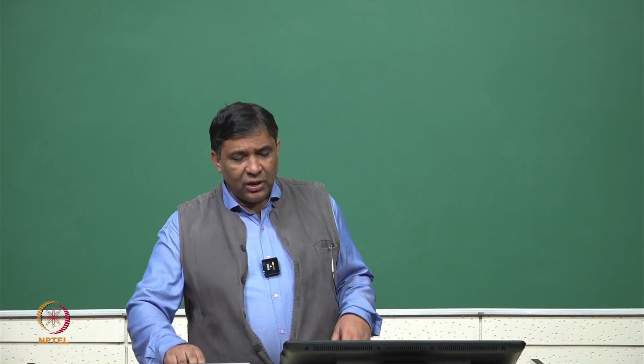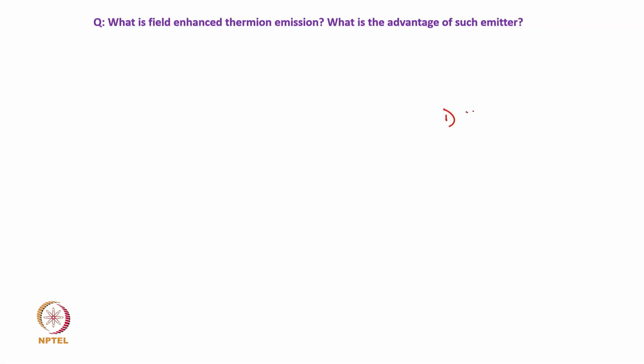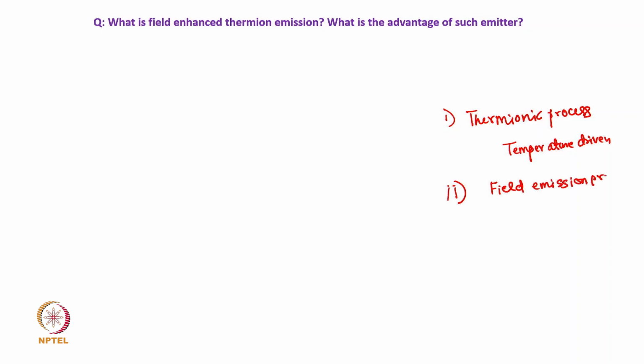So, emission will be due to the thermionic process, which is temperature driven, and then we have extra electrons coming out, okay, because of the field emission process, which is field driven or electric field driven.